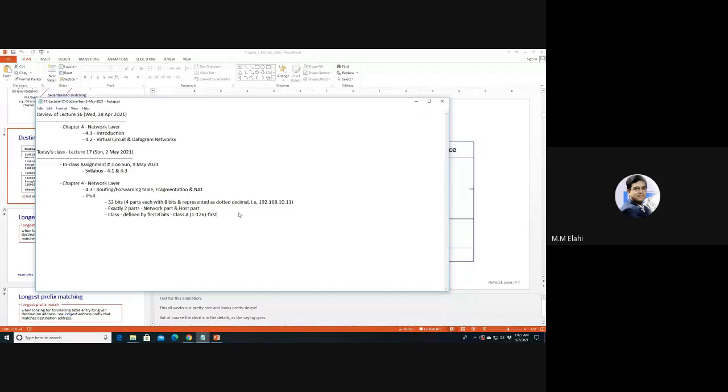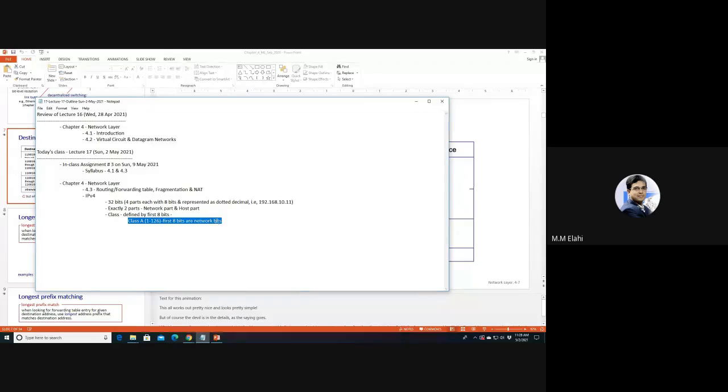So that is actually not included in class A. That is a special IP address. The first 8 bits represent the network in class A. So in class A, the first 8 bits are network bits.